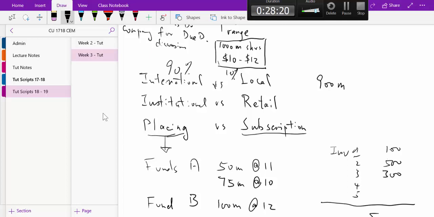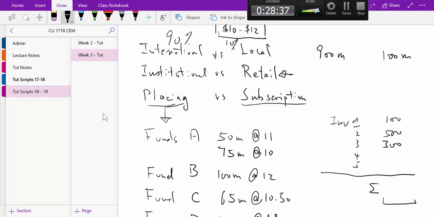I'm going to call them institutional versus retail. So 900 to institutional and 100 to retail. That is the standard allocation to start with, depending on how much you actually receive here.